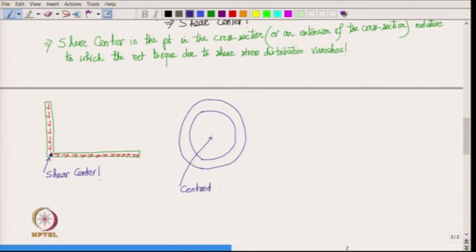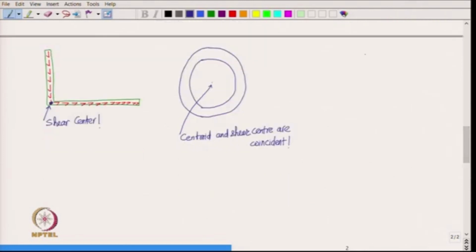Centroid and shear center are coincident, but this is not always the case. You see, this is also not an open cross section, it is a closed cross section. Let us, for example, think of a cross section like this.